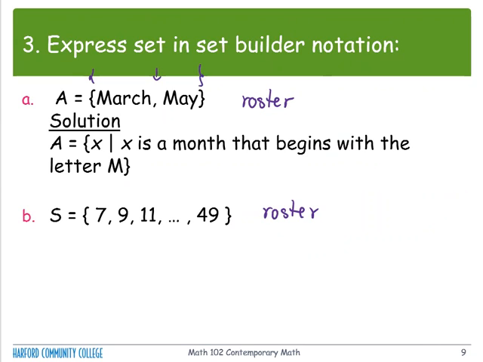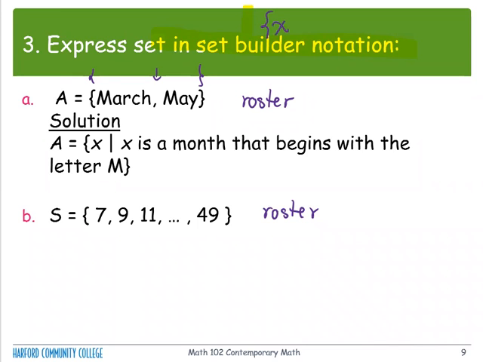So for part A, actually 3A and 3B, you are asked to write in the set builder notation. Set builder notation form means you're going to have the set and the general notation for the member.